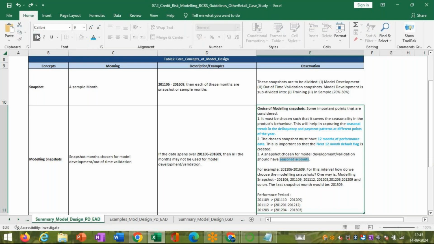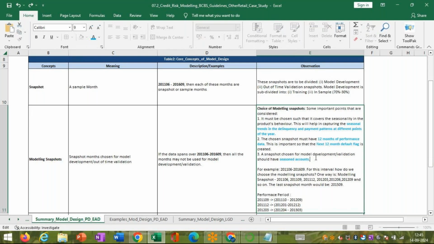Unseasoned accounts, or accounts which are removed as a part of exclusion, are either treated under the calibration sample or under the MOC adjustments. We come to that. These are the factors that should be considered while choosing the model development snapshots.